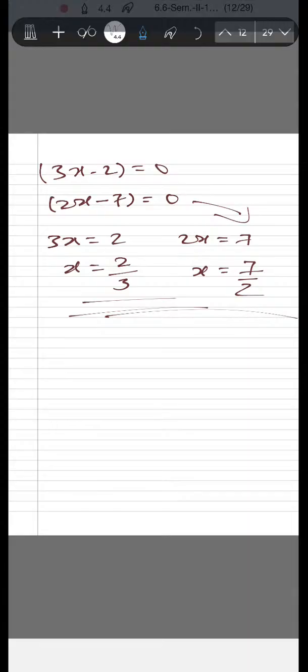Now here we are going to start with the next method, which is the formula based method.